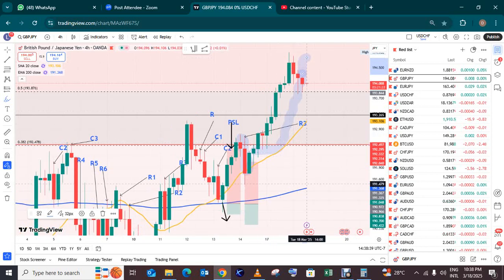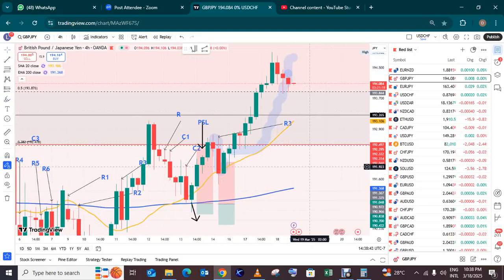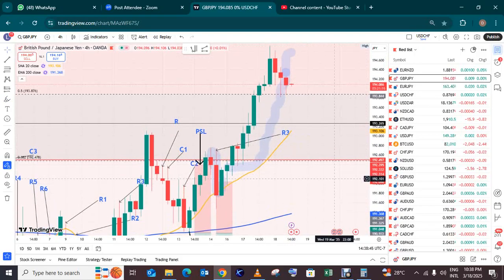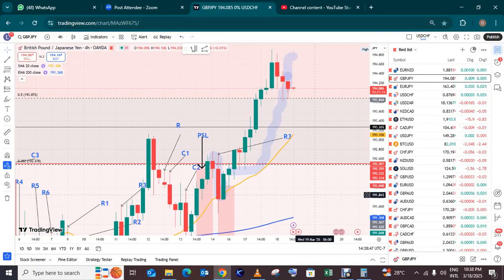So that shows you that the PSL is a very strong zone which the market respects almost all the time. When the PSL has been set and the market comes to that level and breaks it, it keeps on going higher. That's how we know that the market has really shifted.